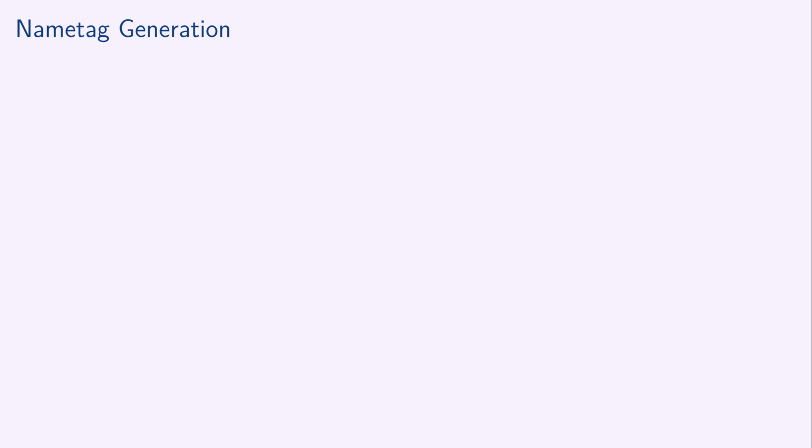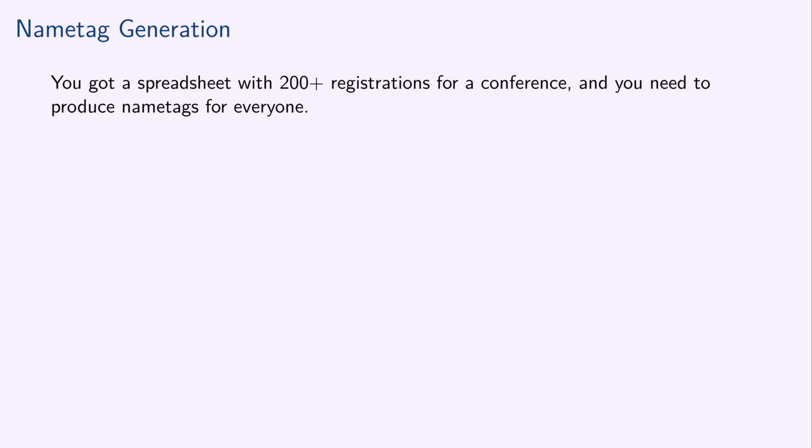Half a year ago or so, we hosted the TikZ conference, and I had a few different roles. One of them was to produce name tags. We had a spreadsheet with 200 plus registrations, so 200 plus people were coming for the conference, and we needed a name tag for each of these.